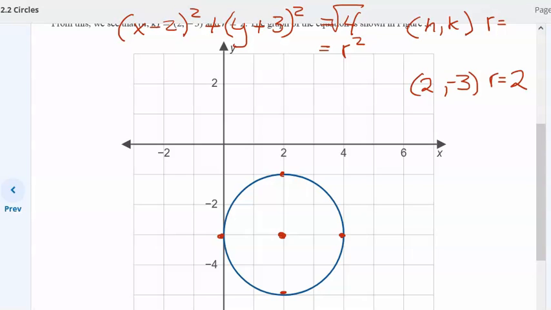Now, something that I might add here is, what is the domain then in interval notation of our circle? Well, for domain, we're looking for x values, which would be these here, projected to the x-axis, and that would be from 0 to 4, using brackets to indicate that these values are included, the 0 and the 4.